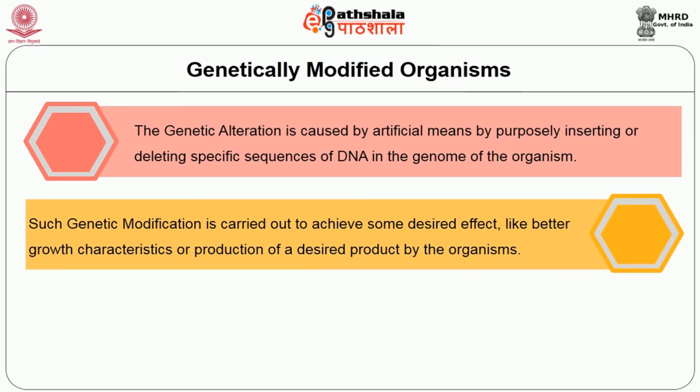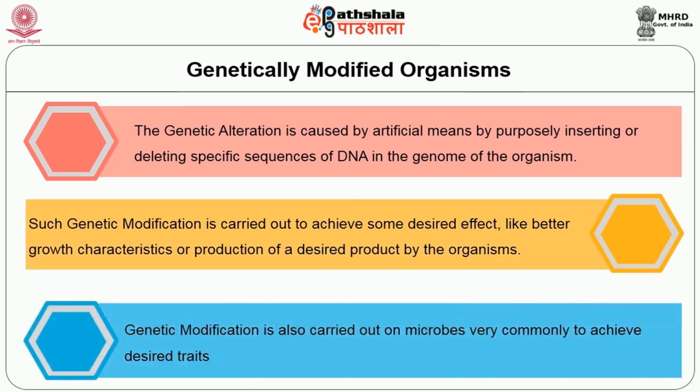Such genetic modification is carried out to achieve some desired effect like better growth characteristics or production of a desired product by the organisms, and so on. Genetic modification is also carried out on microbes very commonly to achieve desired traits.